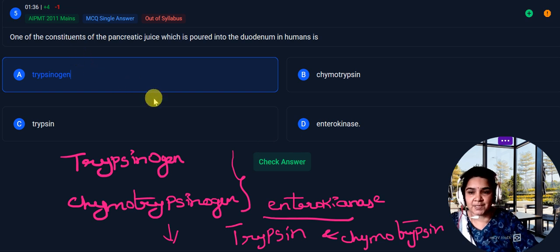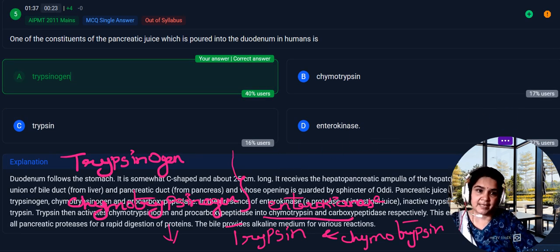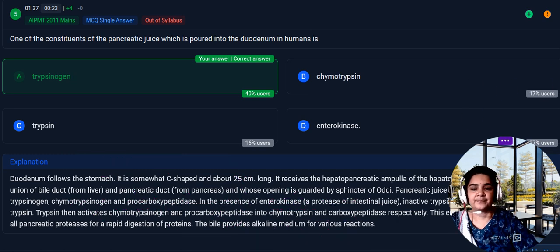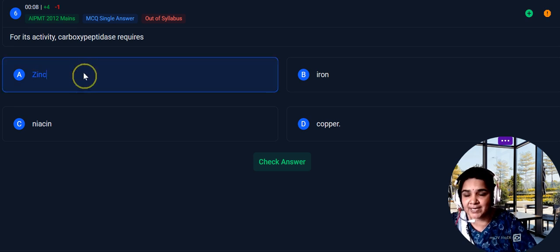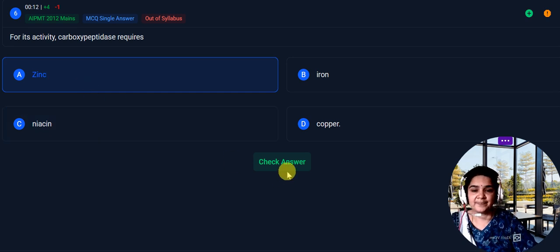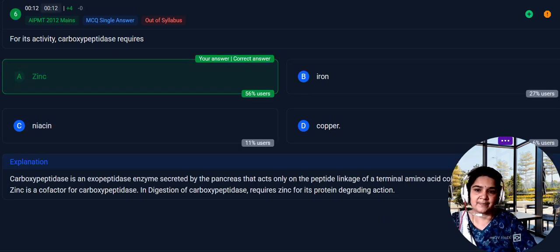Okay. So the correct option is A. Yeah. Now let us see the next question. For its activity, carboxypeptidase requires. So this carboxypeptidase enzyme which acts on the proteins requires the action of what? There is zinc. Okay.